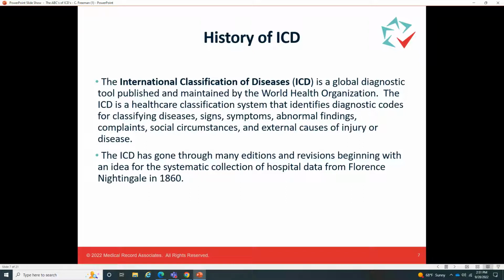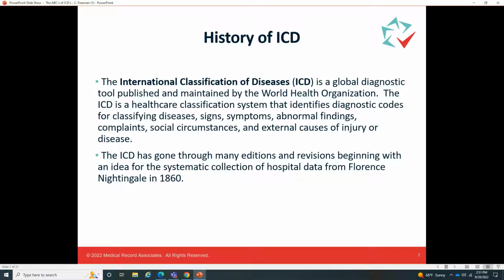The ICD has gone through many editions and revisions, beginning with an idea for the systematic collection of hospital data from Florence Nightingale in 1860. Florence Nightingale had the vision to create some type of system for all of our first discoveries in healthcare.